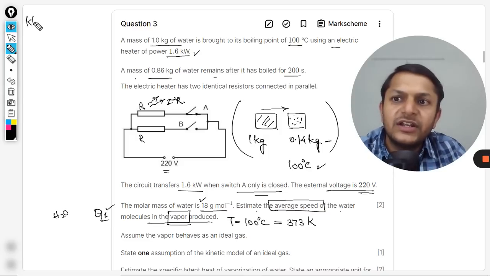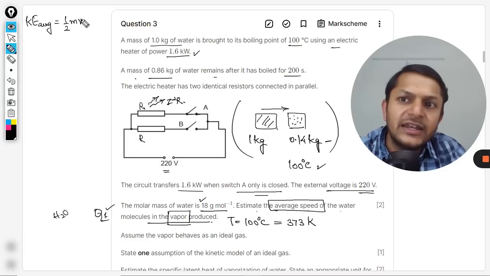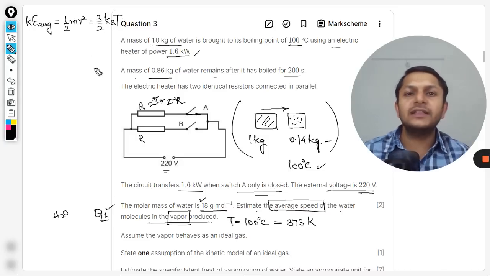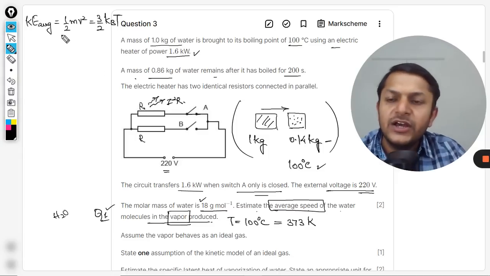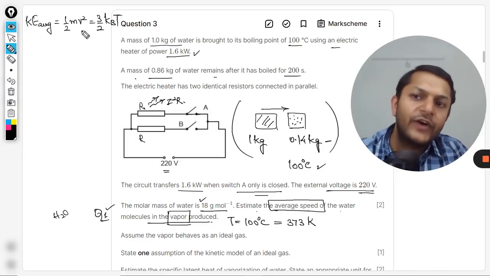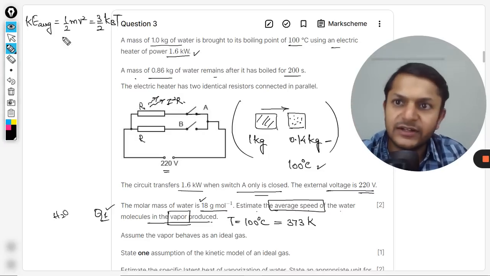So what is written in our books? It is written that first of all we are going to find the average kinetic energy, which is given by 3 by 2 kBT. So this is the formula that is given in the data booklet also. So from here, we are going to find the velocity. We are going to isolate it.